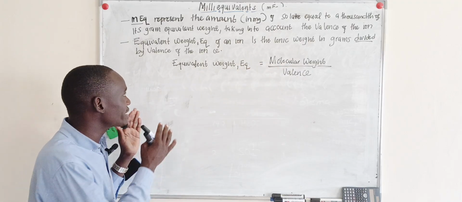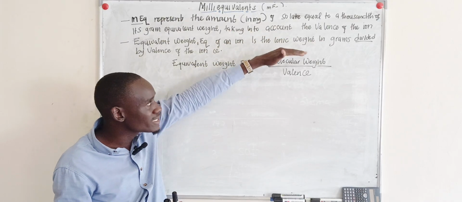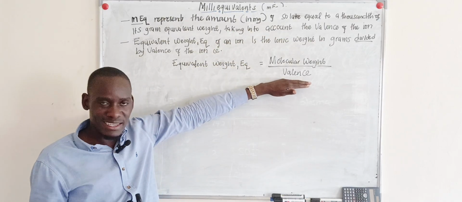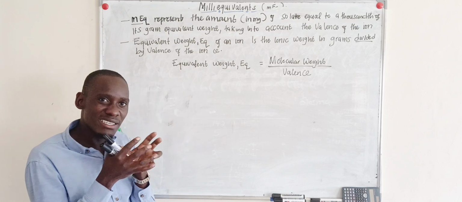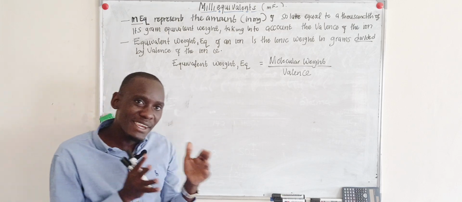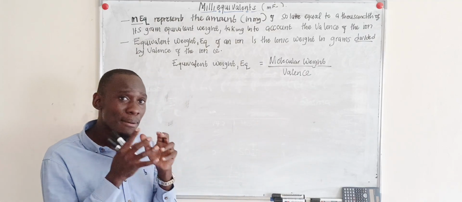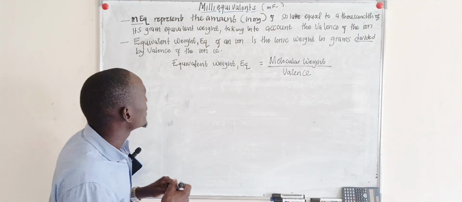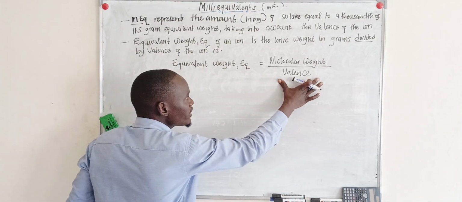So every time we say equivalent weight, we mean molecular weight divided by valence. At all times, these are the key equations that are going to lead us into any interconversion involving milliequivalents. So, equivalent weight is equal to molecular weight over valence.